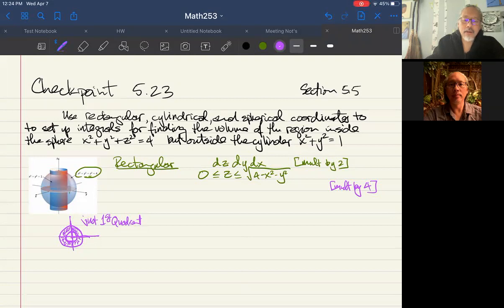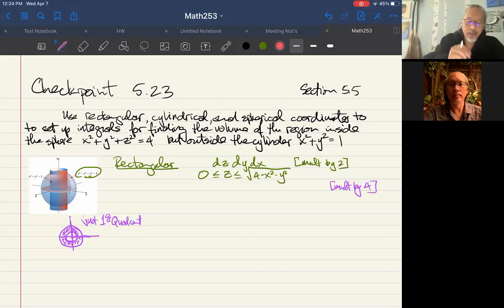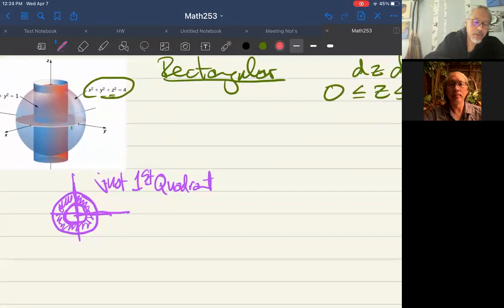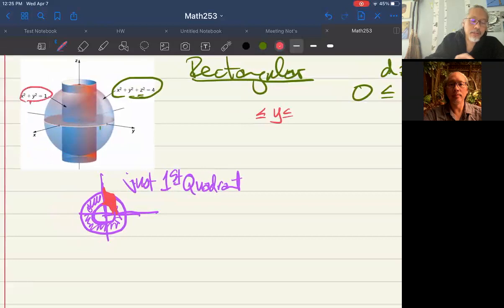All right, now we need to figure out how to set this up in rectangular coordinates. If we zoom in a little bit, we're going to have to break this up into 2 regions. Let's integrate first with respect to y. With respect to y, we go from the bottom circle, which is the circle associated with the cylinder.